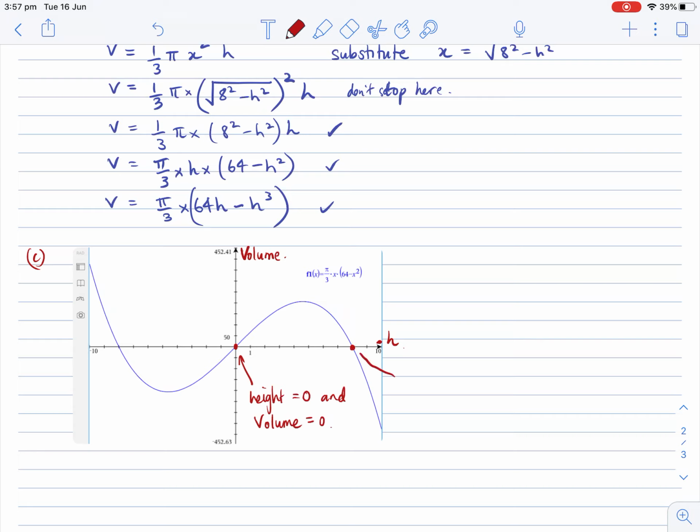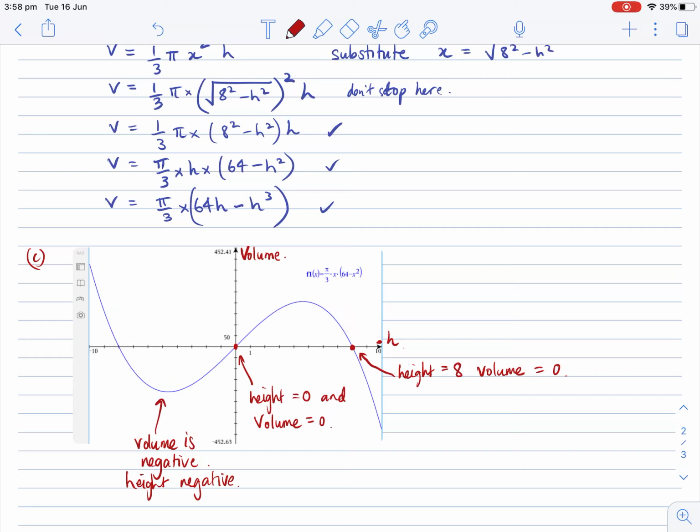This point here is telling me that when the height equals 8, the volume equals 0 again. Over here, this is basically saying the volume is negative because it's below the x-axis, but also that the height is negative. So just think about that as we move forwards. Can I have a negative volume?